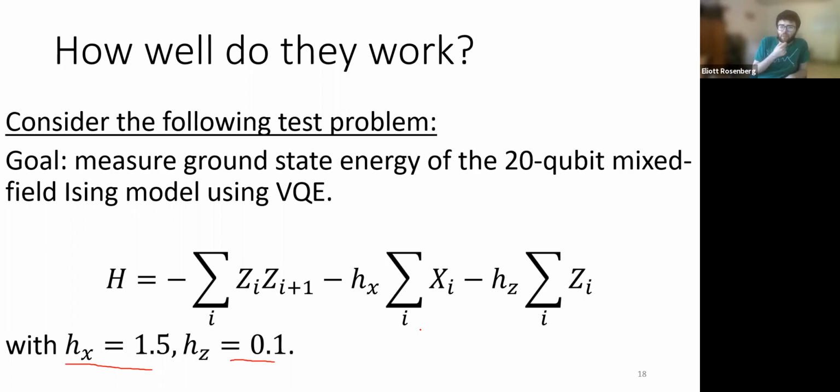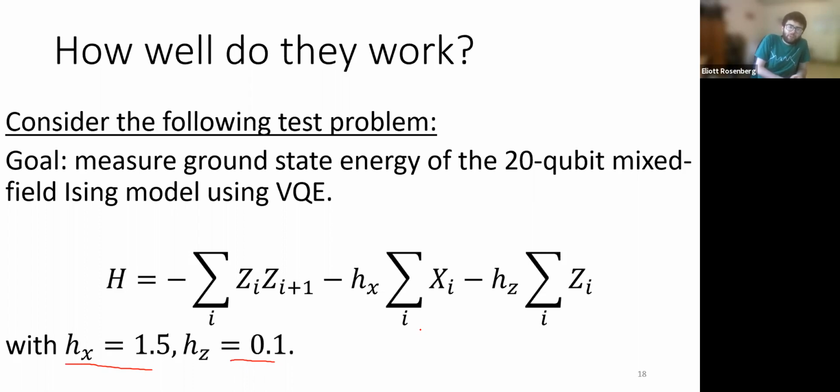The reason for picking those particular parameters is that they're outside of a perturbative regime that we're using for method 1, which requires having a perturbative regime. This Hamiltonian has several different perturbative regimes. One of them, of course, is small hx: when hx is 0, the Hamiltonian is diagonal in the computational basis.